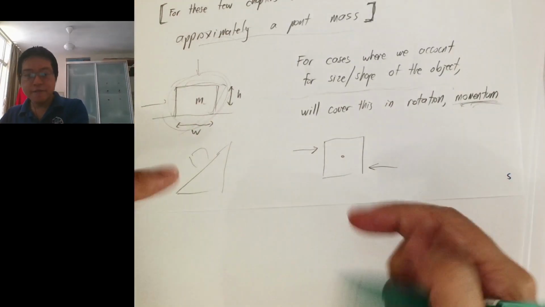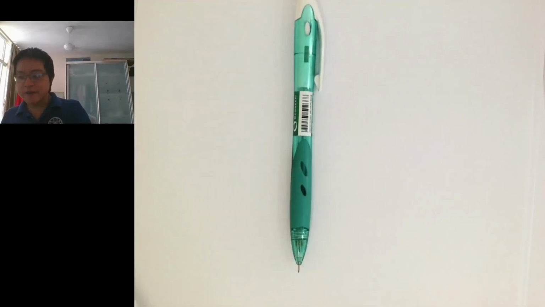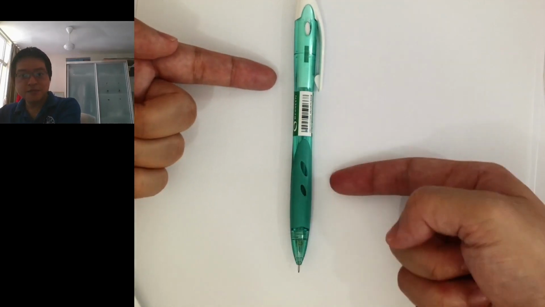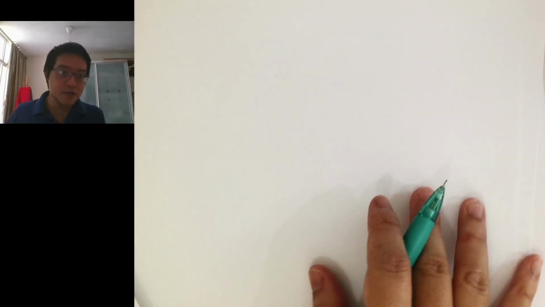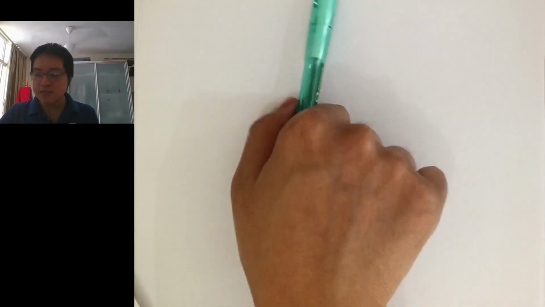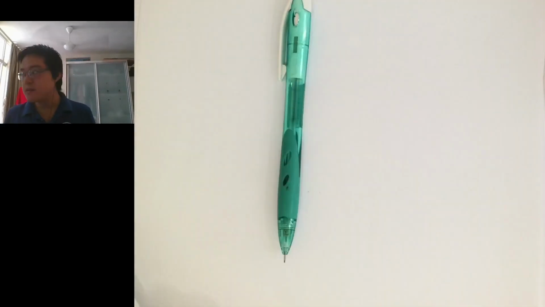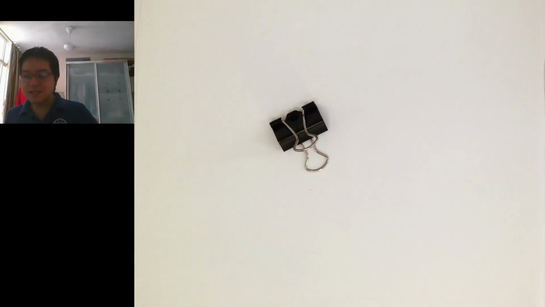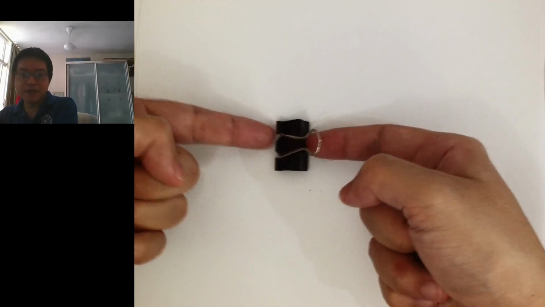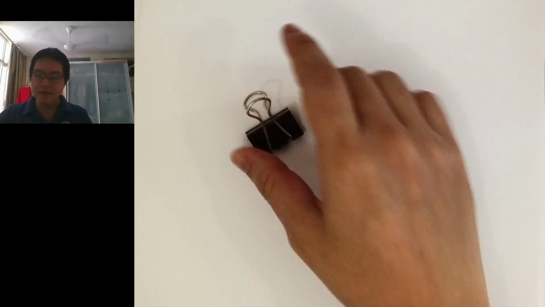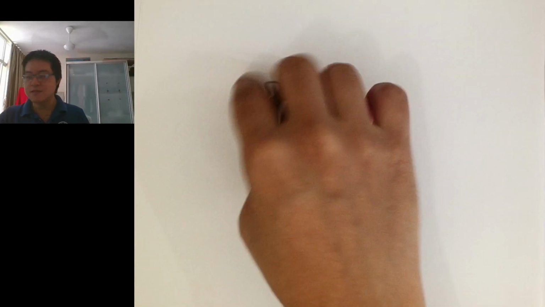But for a rigid body, like this pen, if I exert a force here and another force here, it will rotate. That causes a rotation of the object, because this pen is not a point particle. If I have a single point, something small enough, whatever you do, even if it rotates, it doesn't really affect the position or center of mass, which is always there.